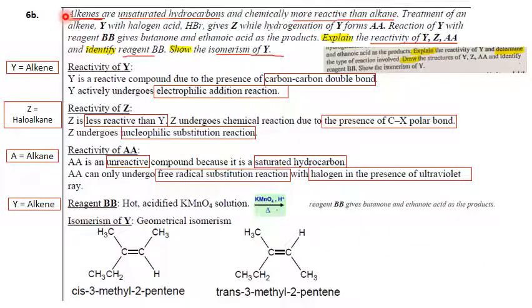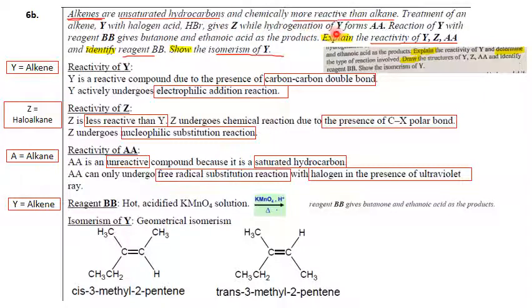Okay, let's continue with question 6b. Alkenes are unsaturated hydrocarbons, which means carbon-carbon double bond, and chemically more reactive than alkanes, carbon-carbon single bond. Treatment of an alkene Y with halogen acid HBr gives Z. So this is electrophilic addition, and Z is a haloalkane.